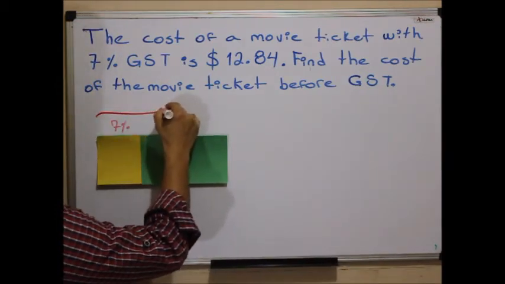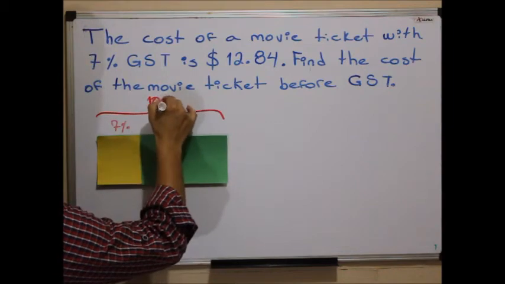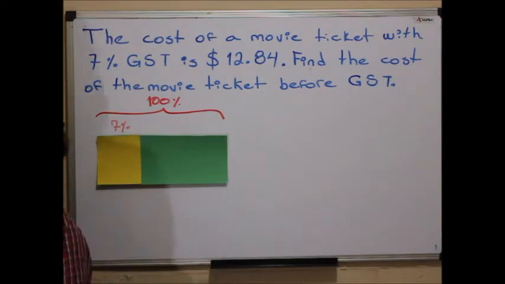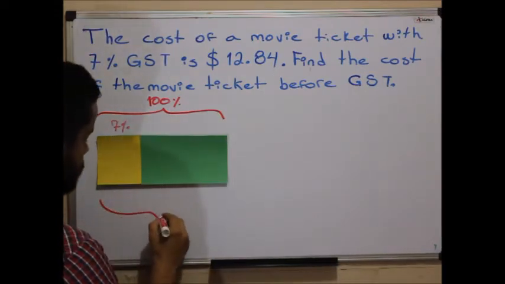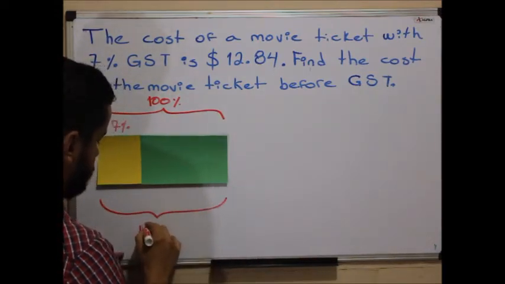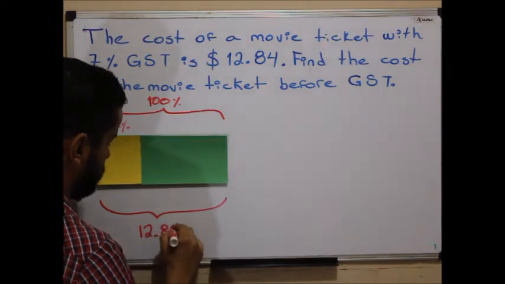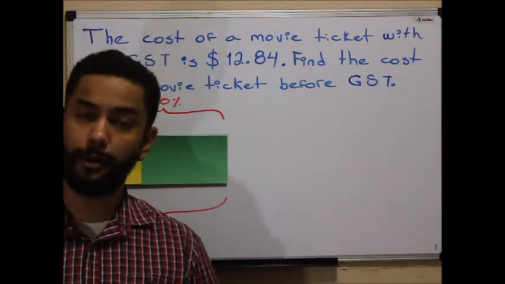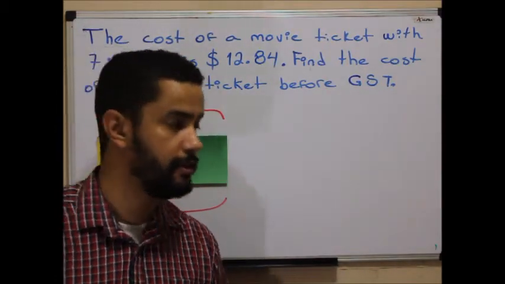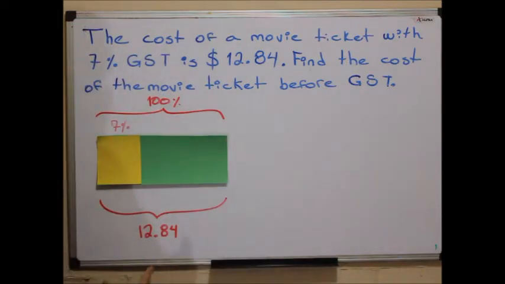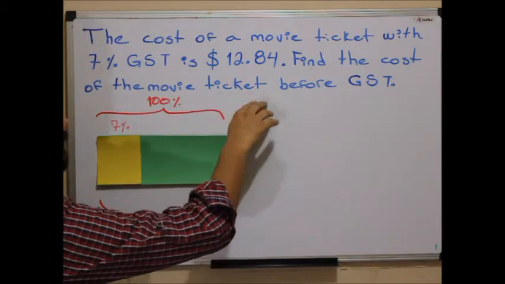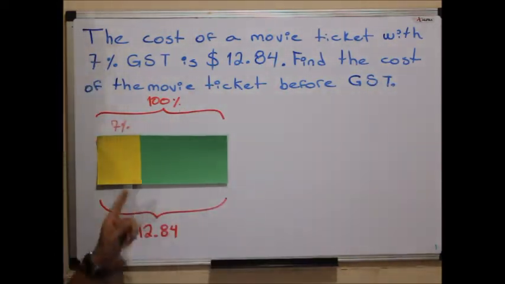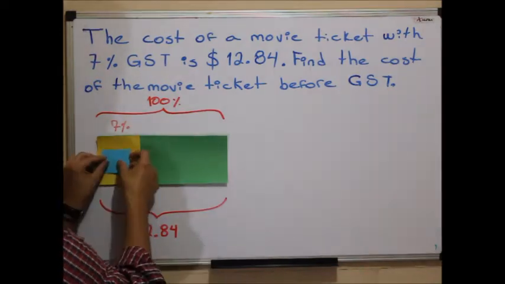All this is our 100%, and that 100% is 12.84. So, using this model, what we are looking for is the cost of the movie ticket before GST. This is the GST.